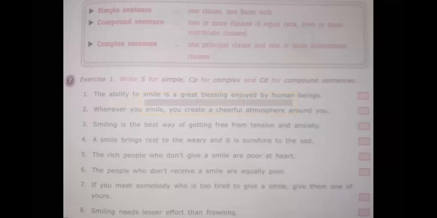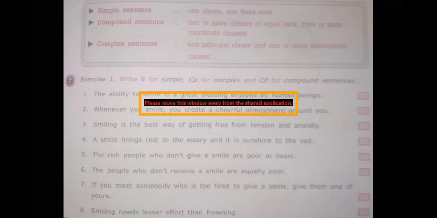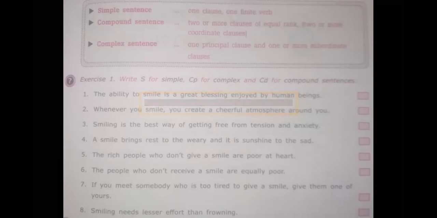So this exercise, I'll just tell you the first sentence, children. The rest, you will do yourselves and then you'll get the answer key. The first sentence is: The ability to smile is a great blessing enjoyed by human beings. Here you need to understand there is only one finite verb in the sentence, and that is "is". "Enjoyed" is also a verb, but it is not the finite verb here.